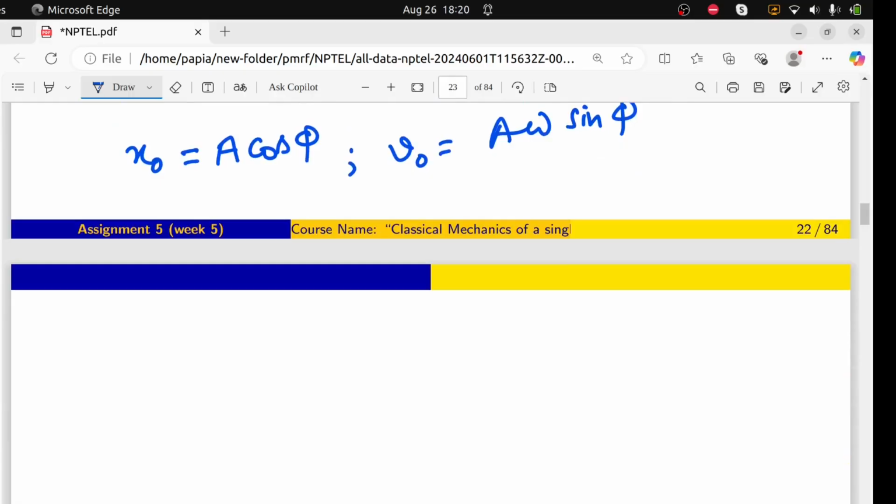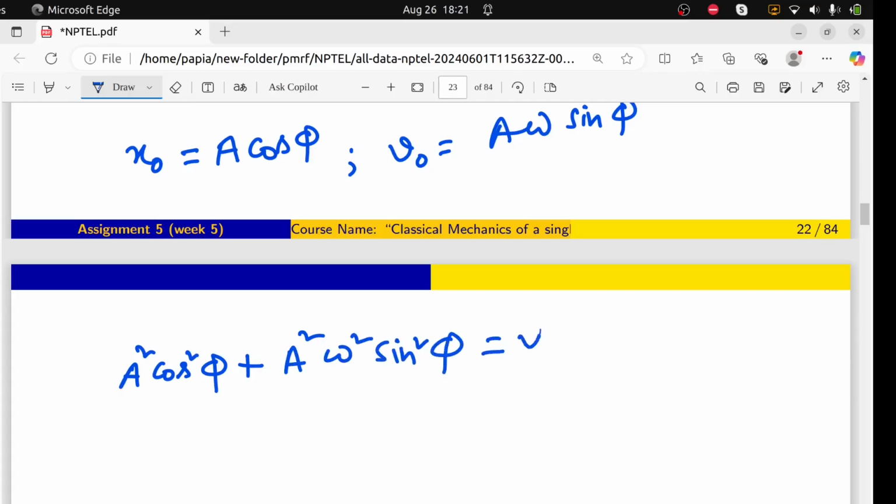Now if I have these two, then I can do one thing: A squared cos squared phi plus A squared omega squared sine squared phi equals x0 squared plus v0 squared.